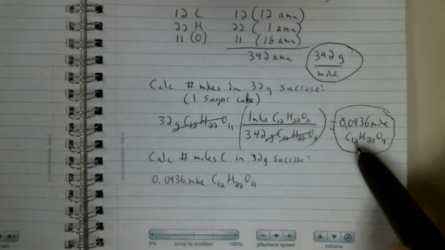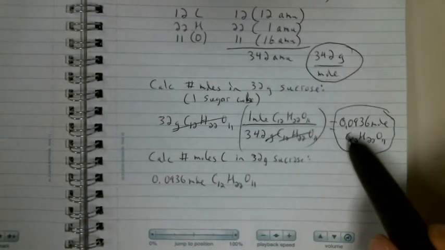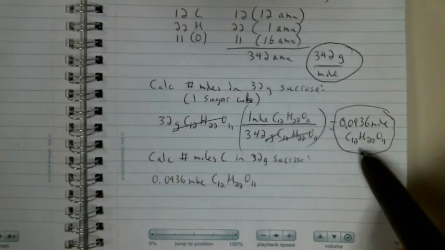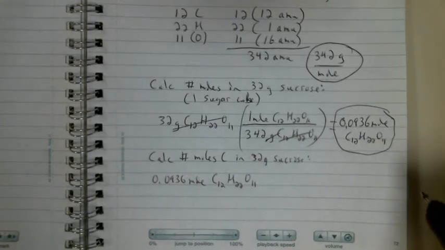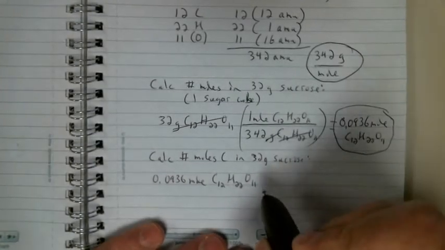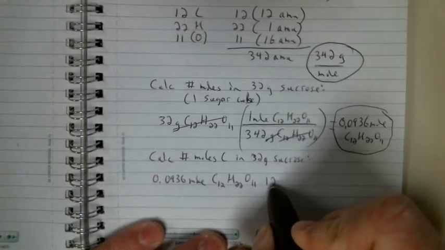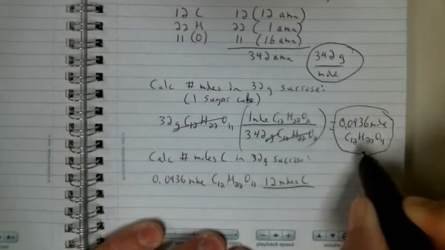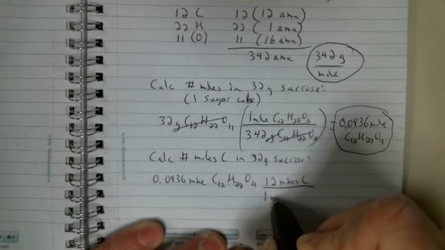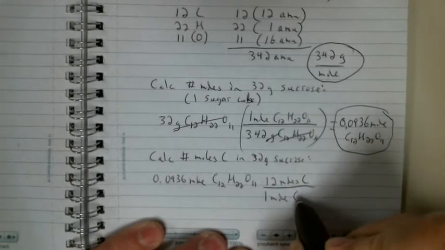The formula means there are 12 atoms of carbon in one molecule of this, but it also means 12 moles of carbon in 1 mole of this. So we can write another conversion factor, right? We can write 12 moles of carbon are in 1 mole of this molecule.